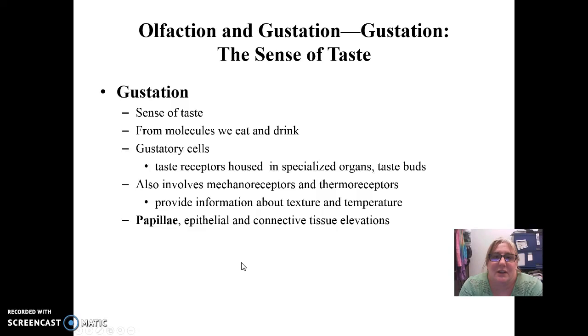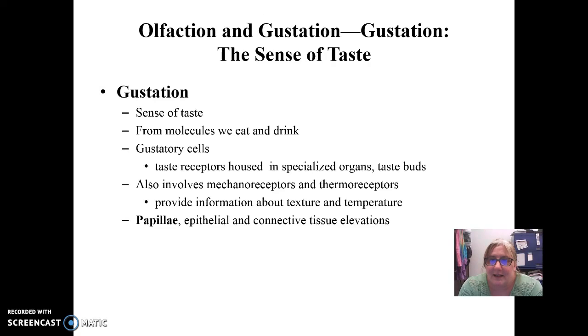Taste then is gustation, and we use taste molecules that have to dissolve in our saliva. So without saliva, kind of fun fact, we won't taste anything. And so gustatory cells are found within papillae on our tongue.